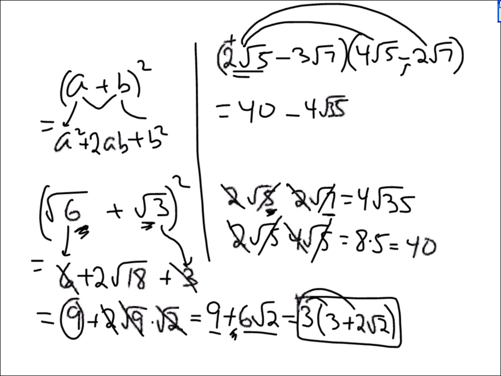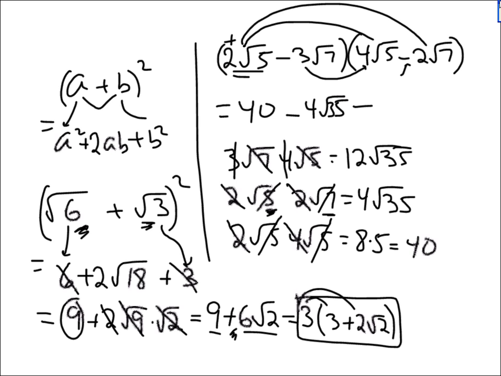Now we go on to the negative 3 radical 7. A negative times a positive is negative. 3 radical 7 times 4 radical 5. Well, 3 times 4 is 12, and we just multiplied radical 5 times radical 7 and we couldn't break it down. It was just radical 35.